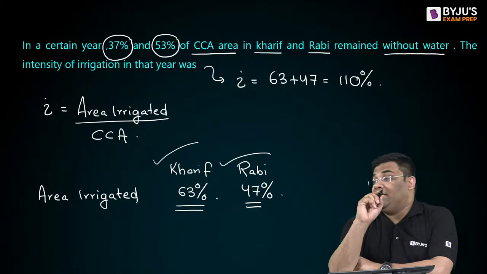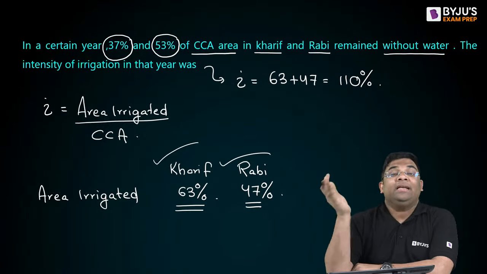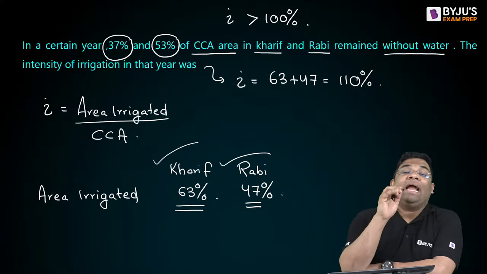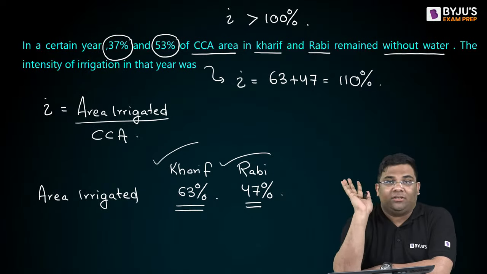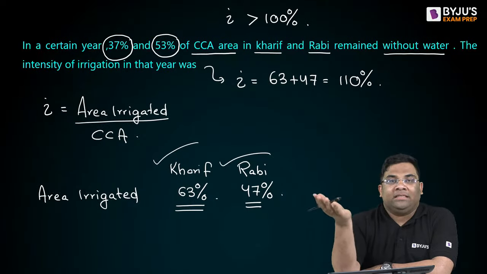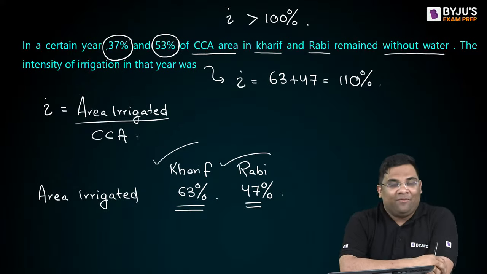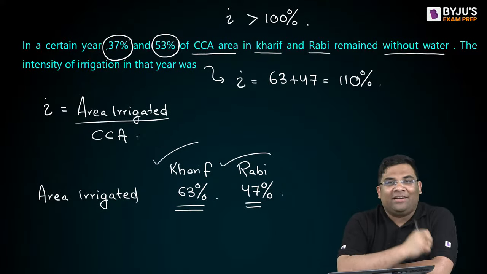Yes, intensity of irrigation can be more than 100% when you are adding all the seasons. For a particular season, it will be less than 100, right?